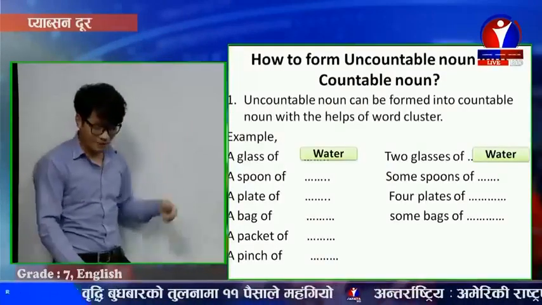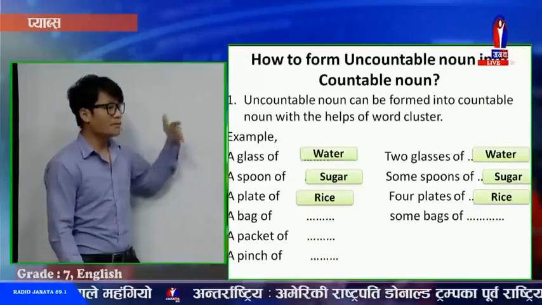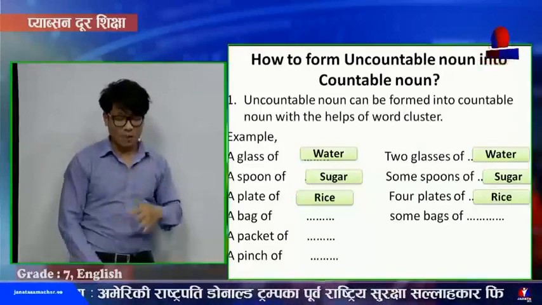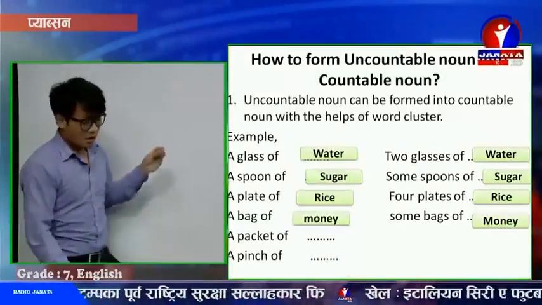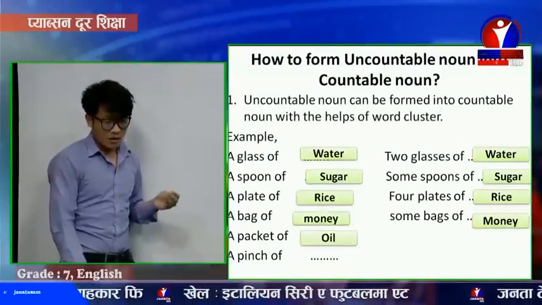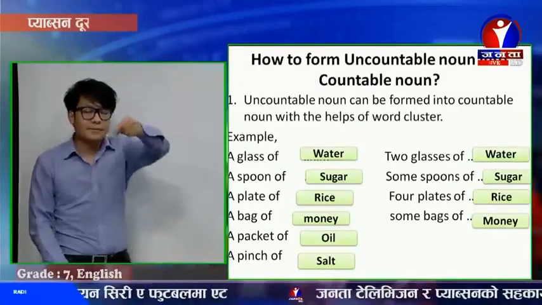A spoon of sugar, two or some spoons of sugar. A plate of rice, four plates of rice. A bag of money, some bags of money. A packet of oil, a pinch of salt.